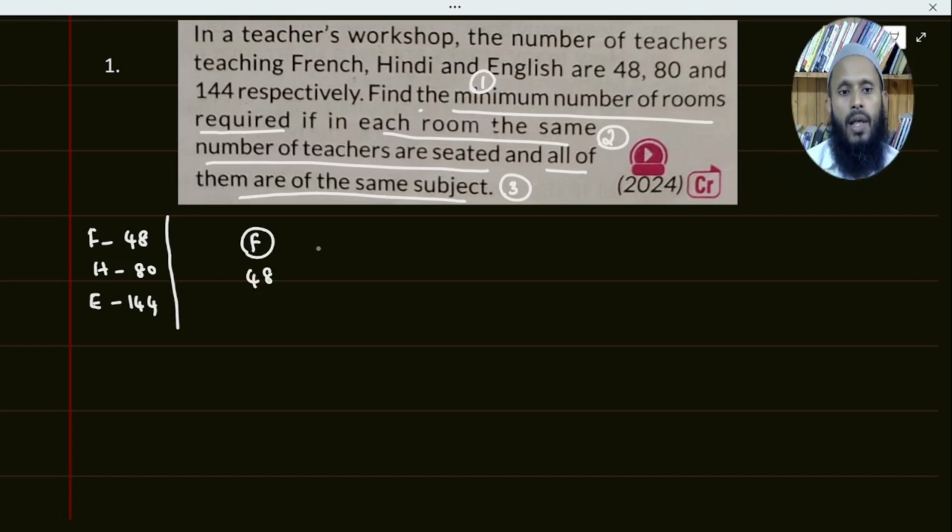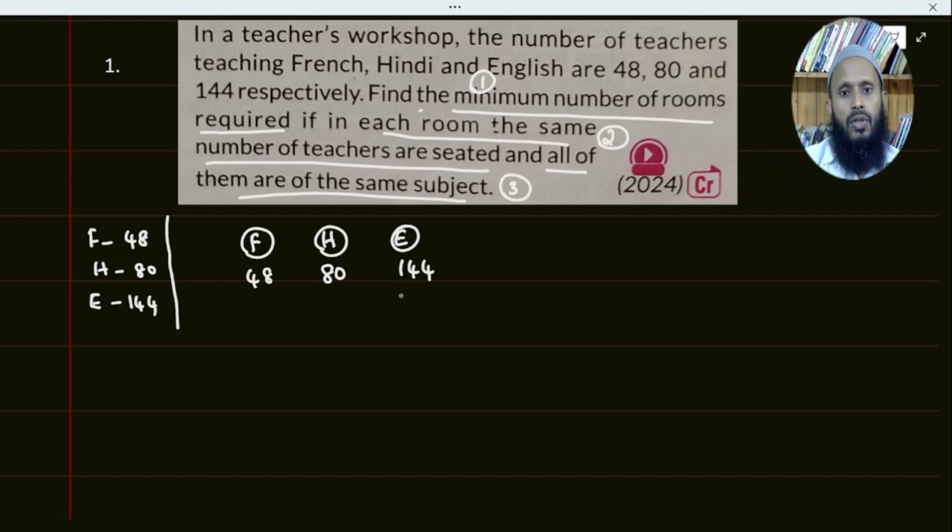So in one room I'll fill all the French teachers, 48 teachers, in the second room I'll fill all the Hindi teachers, that is 80 Hindi teachers, and the third room I will fill with all the English teachers. Okay. So now this is the minimum number of rooms which is required. That is 3 rooms are required, so that there is no mixing up of teachers.